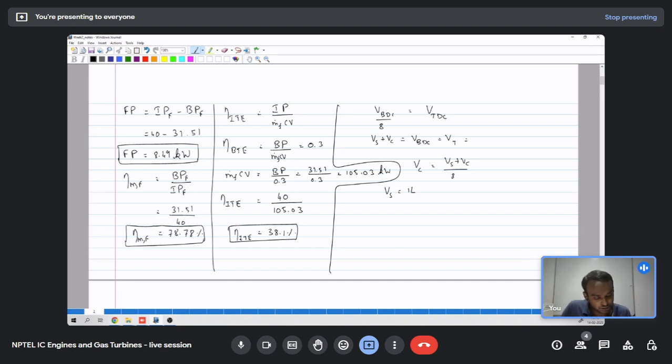So we can substitute in this equation and get the clearance volume. So that would be Vc equal to 1 plus Vc by 8. Then 8 Vc is equal to 1 plus Vc. It will become 7 Vc is equal to 1. So Vc equal to 1 by 7 liters, or this is 0.143 liters. Is this problem clear?